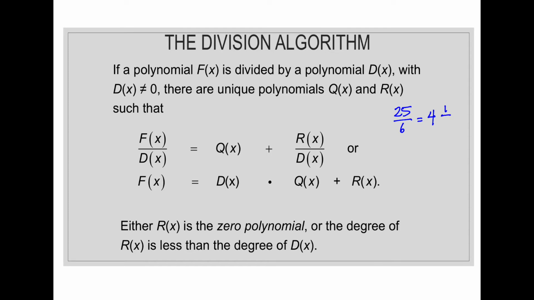So we have a remainder of 1 out of the 6 we were dividing by. This, in fact, is an addition that we would express. 4 and 1/6, the mixed number, is really just a shorter way of writing 4 plus 1 out of 6 remaining.